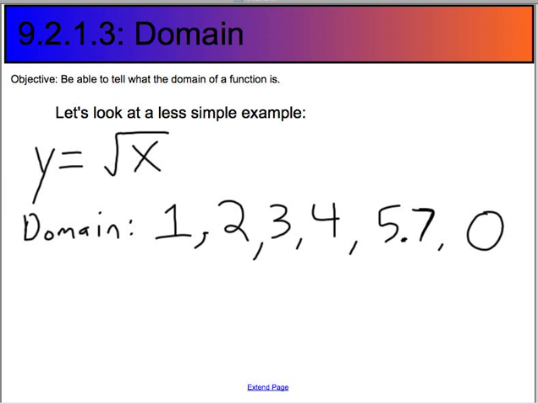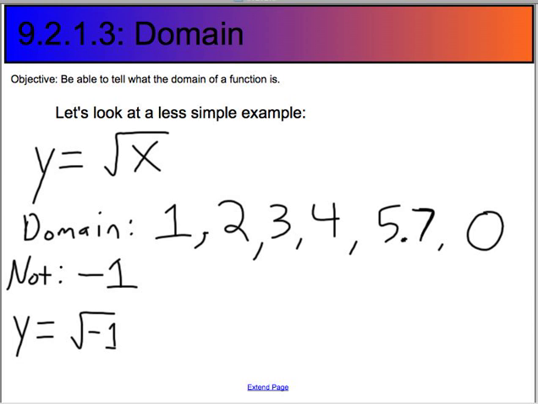What about -1? Calculator should say error. Calculator saying error is just like you saying you don't know. It's not an answer, it's just saying, sorry, I can't help you. But the reason why it's confused is if you put in -1 into this, you're going to get y equals the square root of -1.